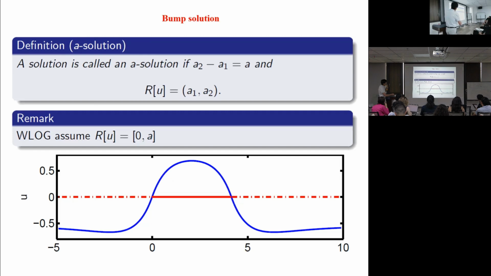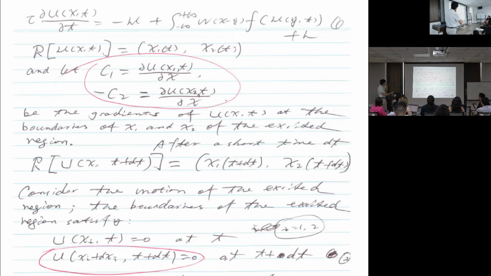And then based on this, as I said, because the interaction is only dependent on the distance between two neurons, if we have this local activated region from a1 to a2, we can shift it from 0 to a, because they are equivalent, translational invariant. And then based on this, we can do some mathematical analysis. I will skip this, but you can look at the notes.